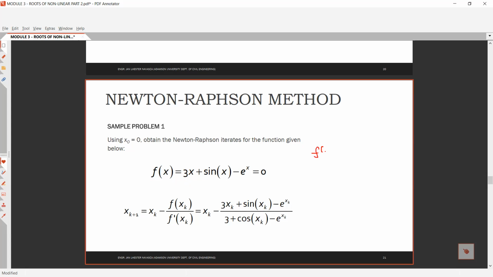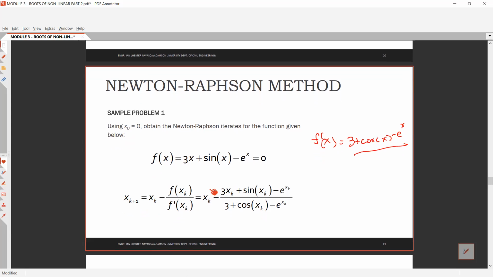So for the derivative of this one, you have 3 plus cosine x minus e raised to x. Ito yung derivative ng function. Derivative of sine x is cosine x. Derivative of e raised to x is e raised to x din. Then copy the sign.